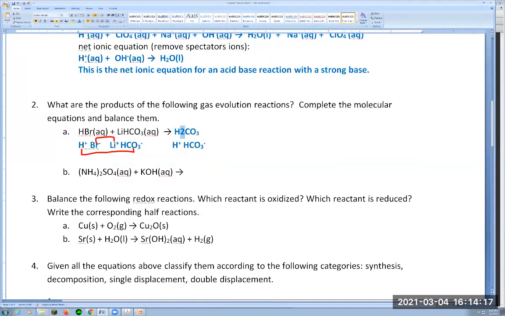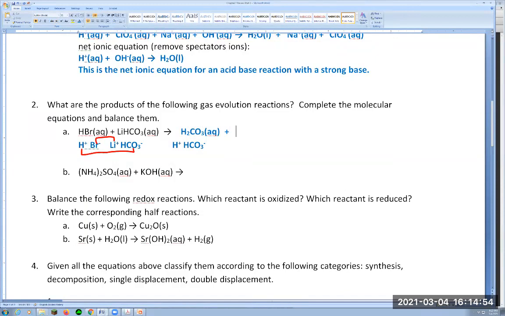You might not recognize this, but it would be good to recognize it as the carbonic acid, H2CO3. Because it has H first in the formula, it's an acid, which is why I named it carbonic acid. And acids are always aqueous. There is no other way for acids. So that's going to be an aq physical state here.